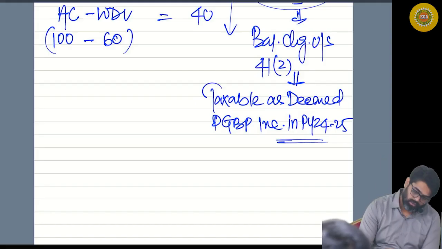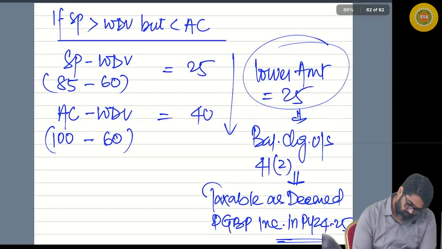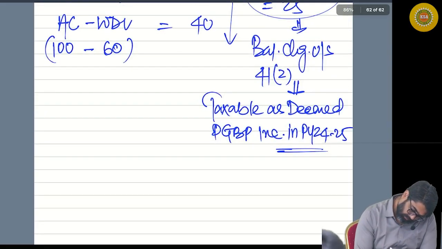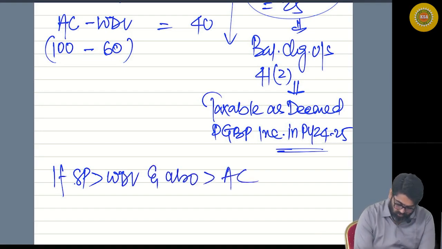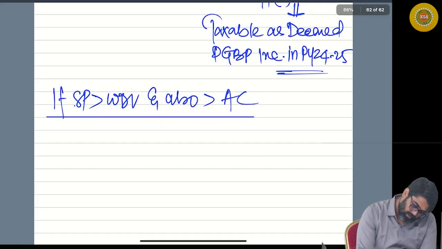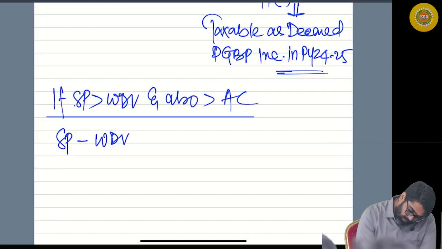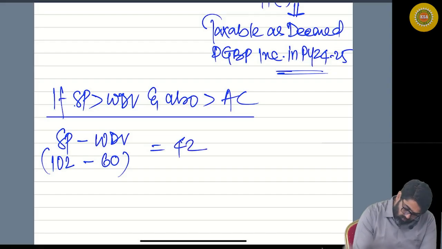Yes or no? Now see, same thing which we are going to do. Selling price greater than WDV and also greater than actual cost. So here selling price minus WDV. Selling price was 102, WDV was 60. So how much is the recovery? 42.